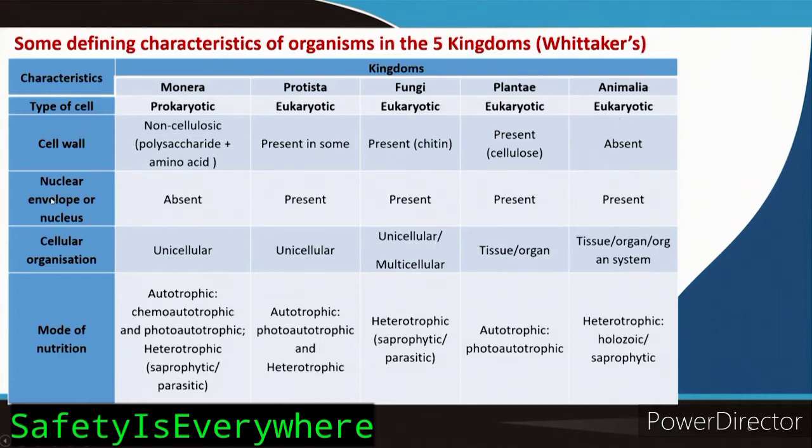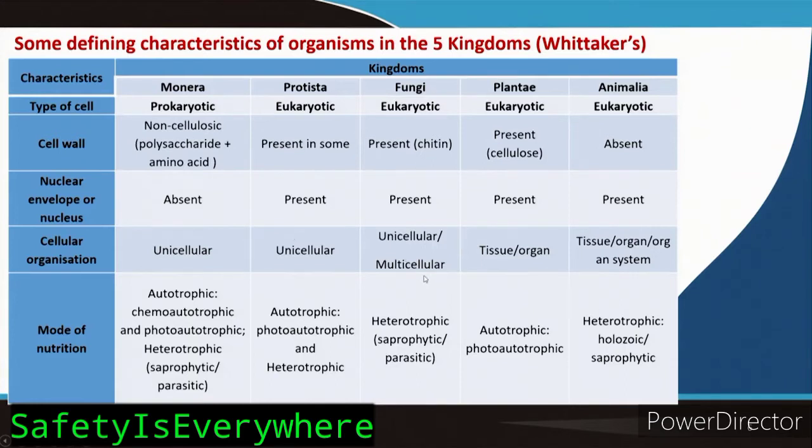Then you have a nucleus or a nuclear envelope, which is absent in prokaryotes, and it's present in all eukaryotes. That's the defining difference between prokaryotes and eukaryotes. In terms of cellular organization, prokaryotes are always unicellular. Protists are also always unicellular. Fungi are unicellular or multicellular.